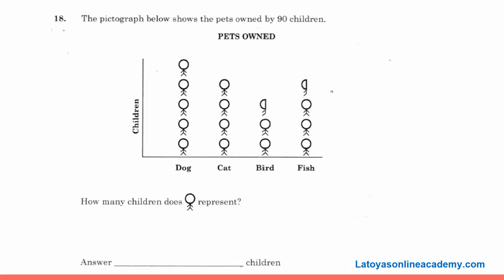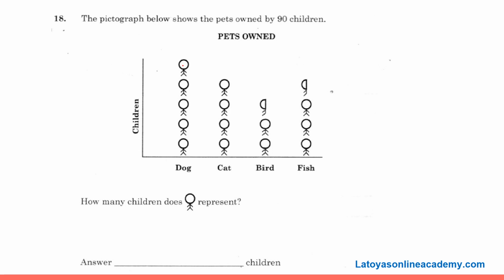Next question, number 18. The picture graph below shows the pets owned by 90 children. So the pets are dog, cat, birds, fish. How many children does this symbol represent? Now let's check it. How many of this do we have?